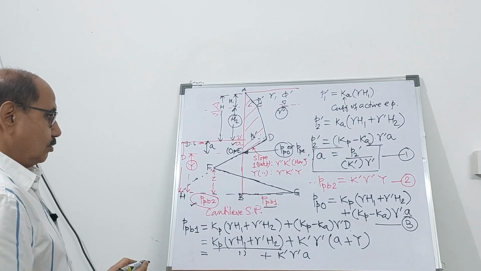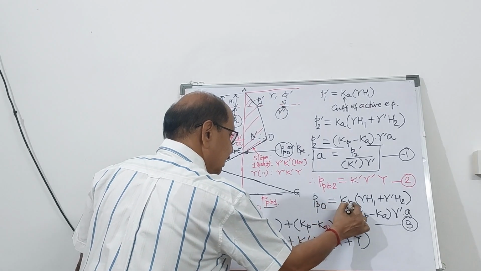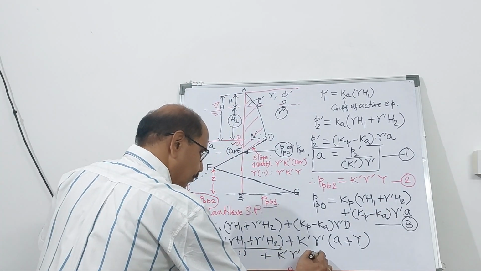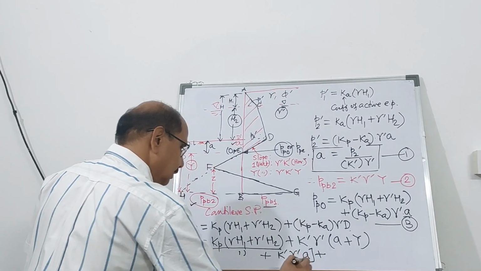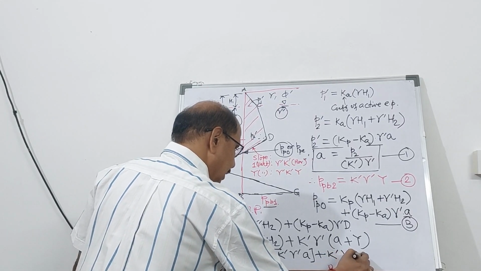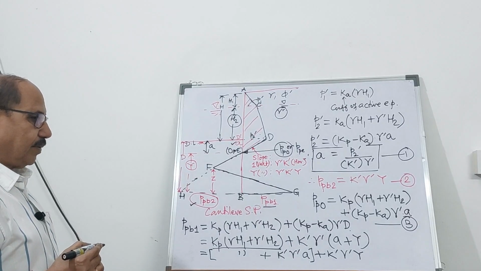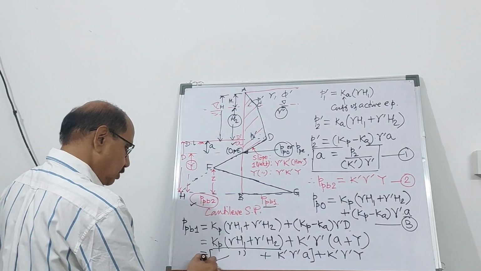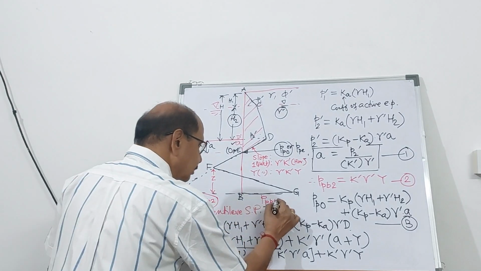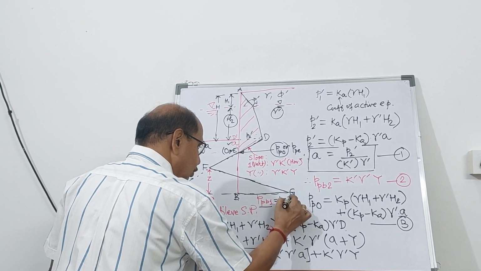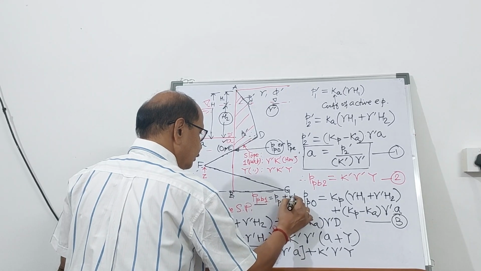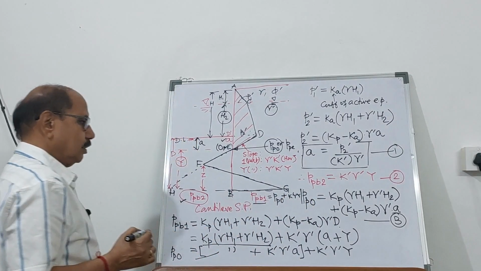Now PPO is Kp gamma H1 plus gamma prime H2 plus K prime gamma prime A, plus, so up to here, plus it will be K prime gamma prime into Y. Therefore PPB1 is going to be PPO plus K prime gamma prime Y. So this becomes equal to PP at O, this one, plus K prime gamma prime into Y, right?